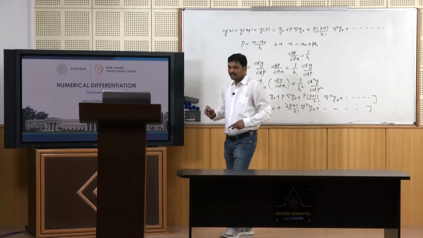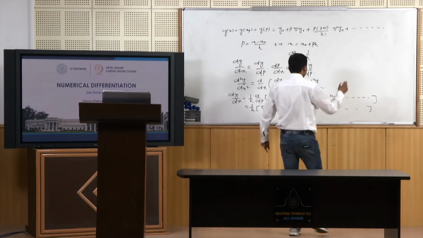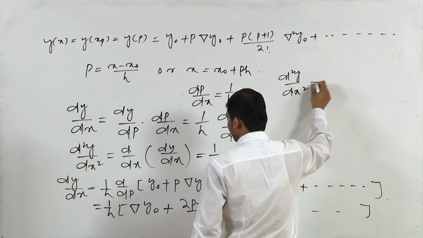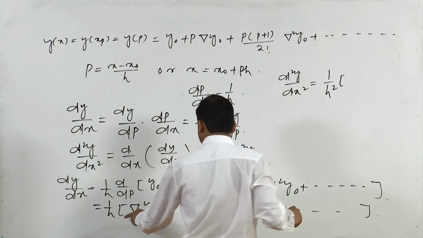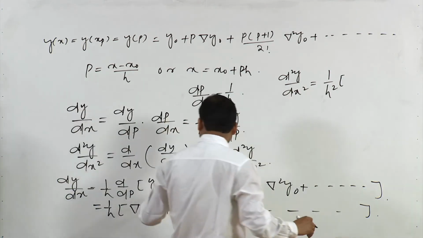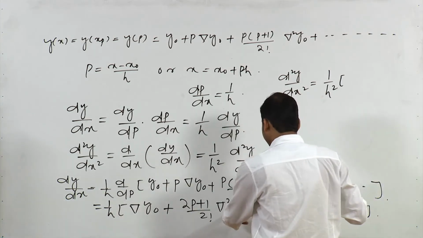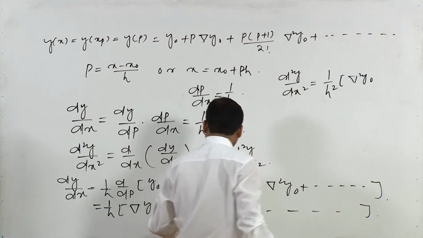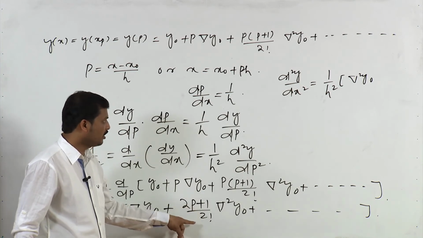And similarly, if you go for the second order differentiation here, then we can write d square y by dx square as 1 by h square. And one more differentiation for these functions: the first value, since nabla y0 is a constant, gives 0, then the second one is nabla square of y0 here, since in the differentiation of 2p the 2 by 2 cancels out.